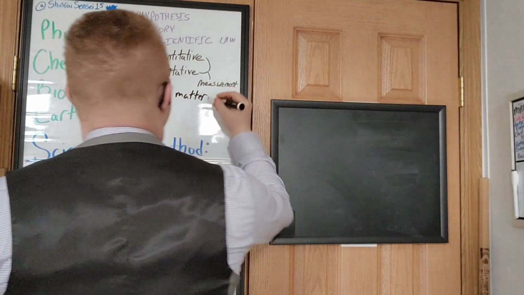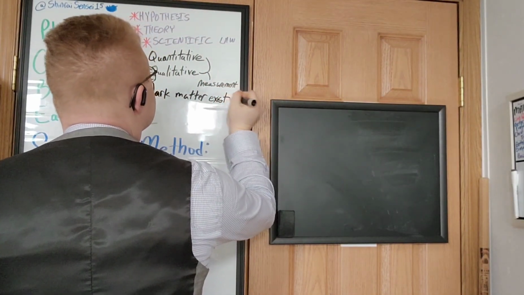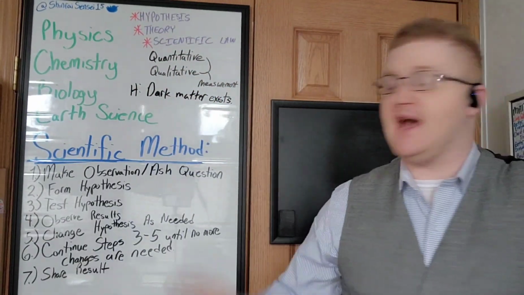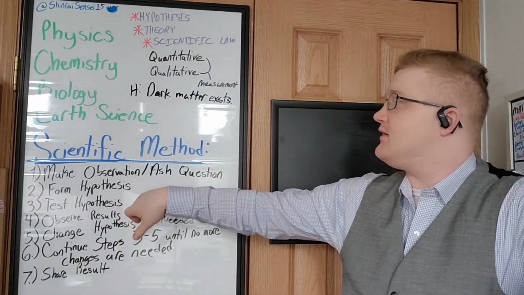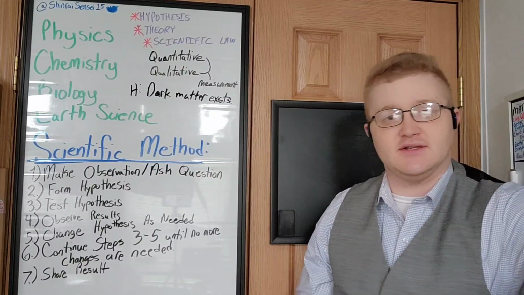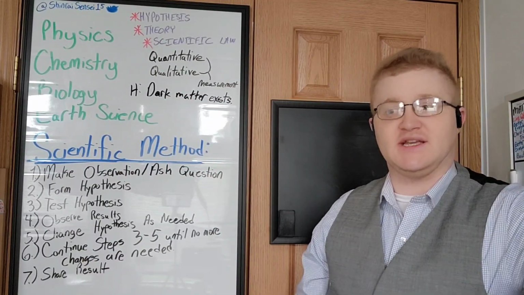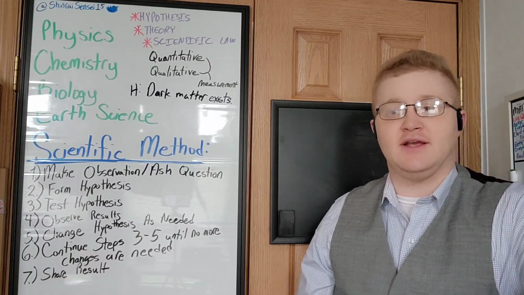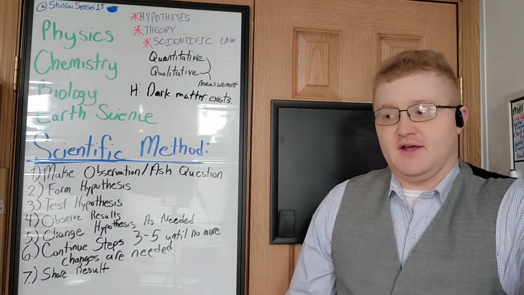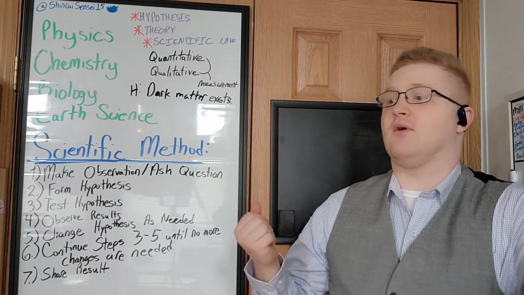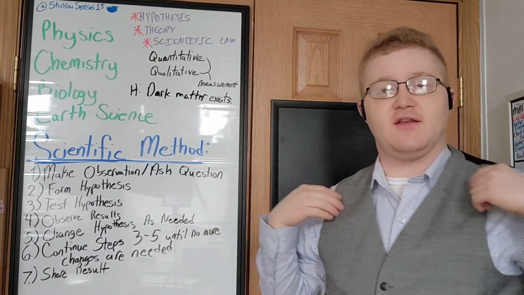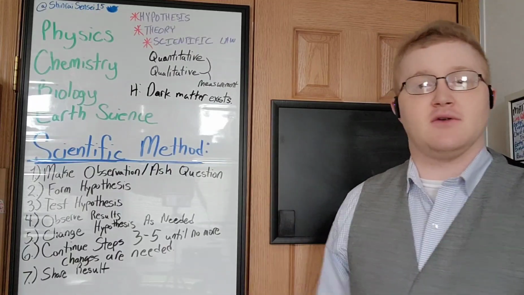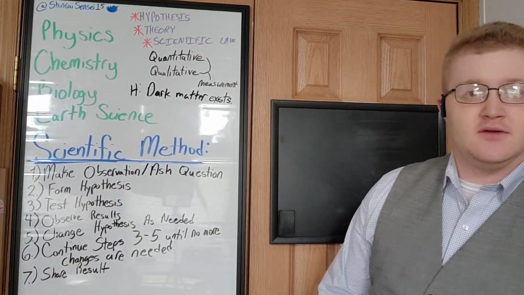So in this case, the best thing to do would be to say dark matter exists. If I want to prove that dark matter doesn't exist, then all I need to do is test adversarially against the theory that dark matter exists. And one of the best things to point out when you test adversarially to the notion of dark matter is that there is no method that we have devised or organized that has actually observed dark matter or been able to measure dark matter.